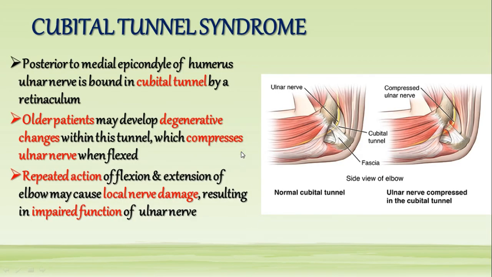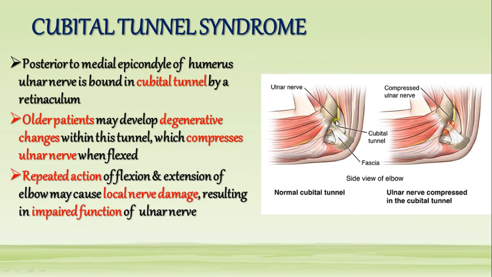There is a clinical condition called cubital tunnel syndrome. Just posterior to the medial epicondyle of the humerus, the ulnar nerve is running, and it is bounded in a cubital tunnel formed by a retinaculum, or you can simply say formed by a condensation of the fascia.